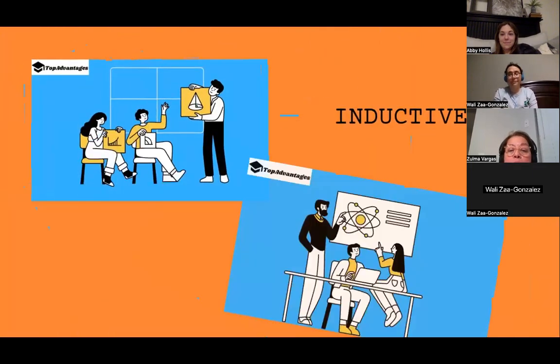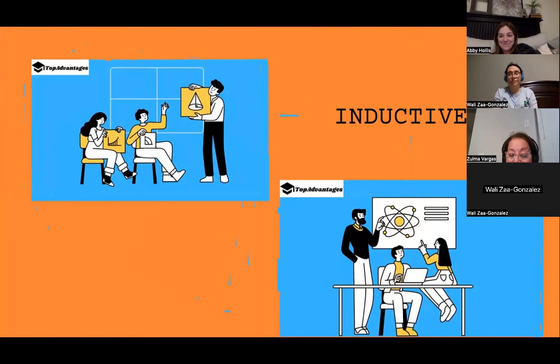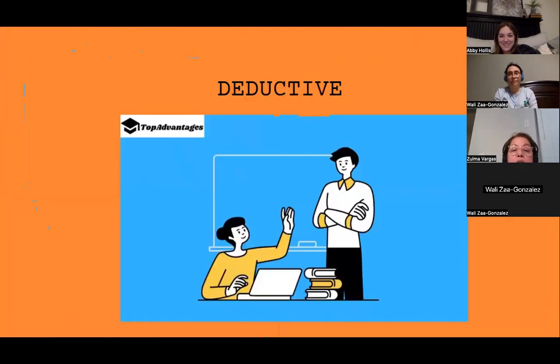There are two types of implicit instruction: inductive and deductive. Deductive instruction provides the learner the information right away and gives the rule and examples of what the student needs to do.